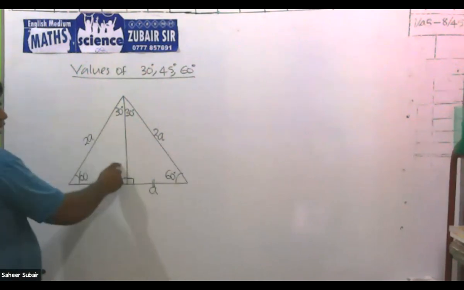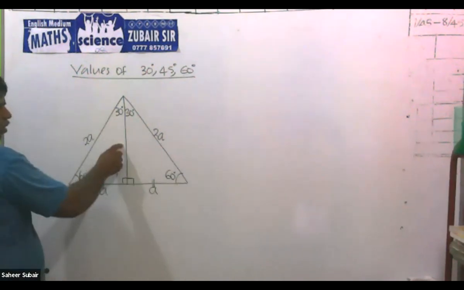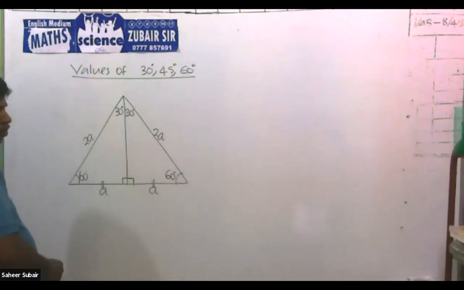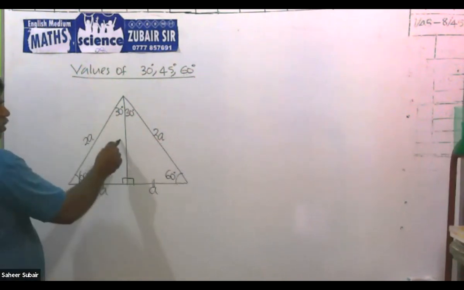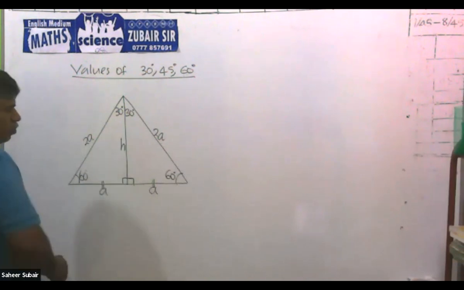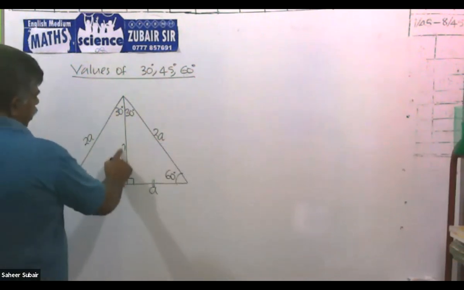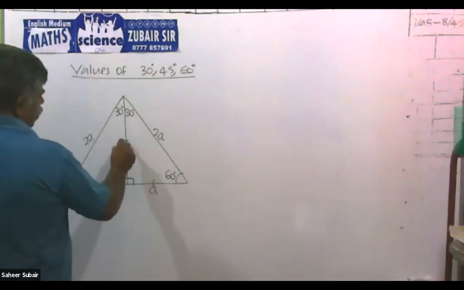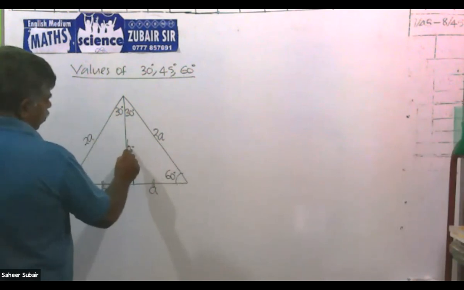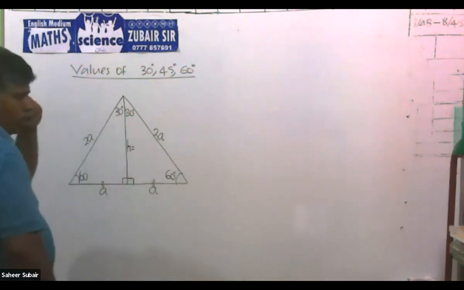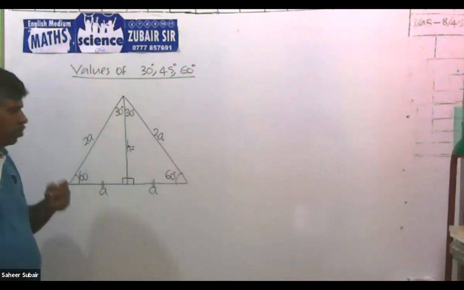We don't know this side. If you know this side, we can write the ratios. We'll say this side is h. Then we'll use Pythagoras theorem and find this. What is Pythagoras theorem?